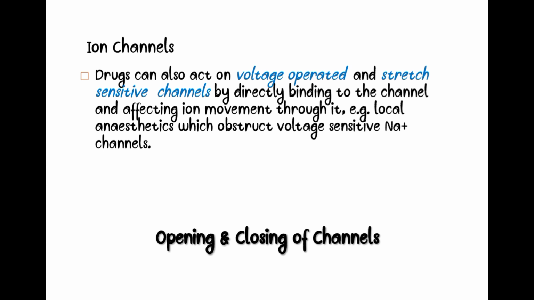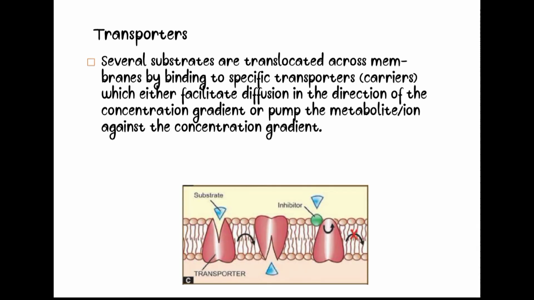In transporters, several substrates are translocated across the membrane by binding to specific carriers, which either facilitate their diffusion along the concentration gradient or pump the metabolites and ions against the concentration gradient.